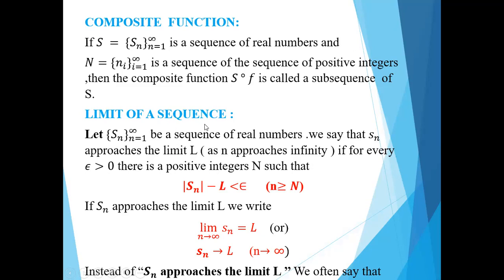We say that S_n approaches the limit L as n approaches infinity if for every epsilon greater than 0, there is a positive integer N such that the modulus of S_n minus L is less than epsilon for all n greater than or equal to N. If the condition holds, S_n approaches the limit L, and we write the limit as n tends to infinity of S_n equal to L, or S_n tends to L as n tends to infinity. Therefore, S_n approaches the limit L.